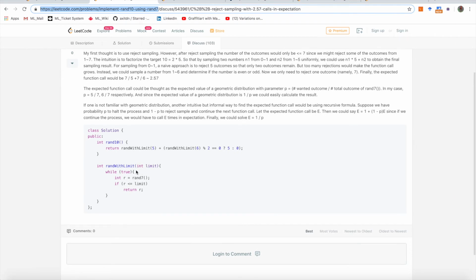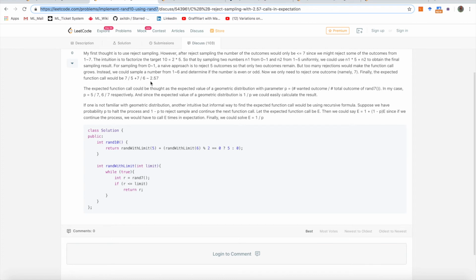And rand with limit, while true, we call rand7, and then we set our limit to be 6, which was the key thing for getting even or odd. If the randomized value is within that limit, we accept it. Otherwise, we'll continue.